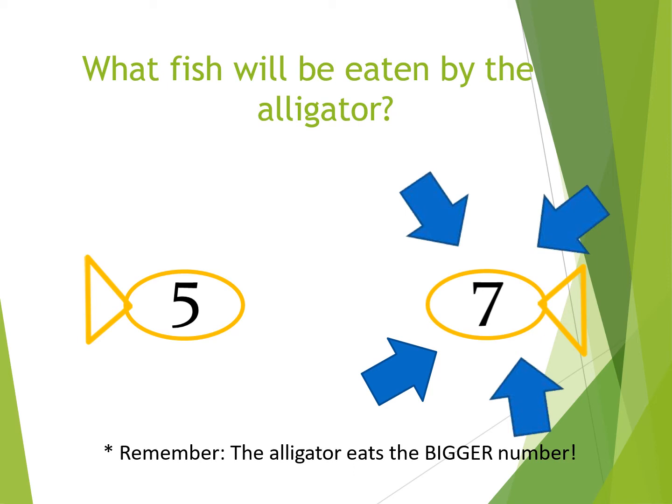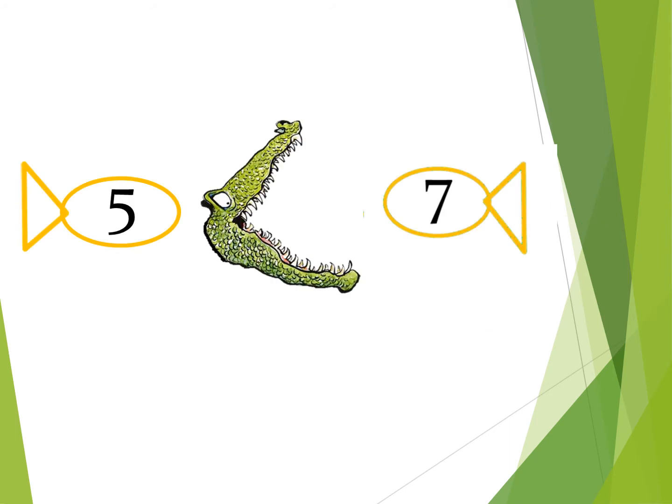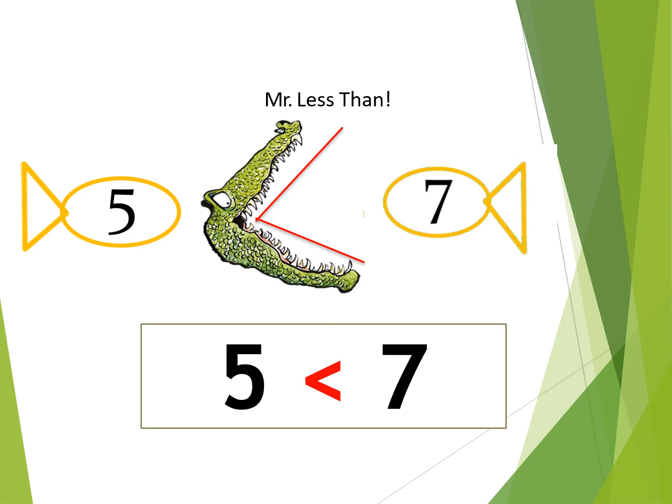You can see the arrow marks here. The alligator is trapping the number 7. The alligator wants to eat the bigger number. So, it will be eating. See the mouth of the alligator here? It opened its mouth so wide and it is going to grab and eat the number 7. And symbolically we'll be writing it as 5 is less than 7.